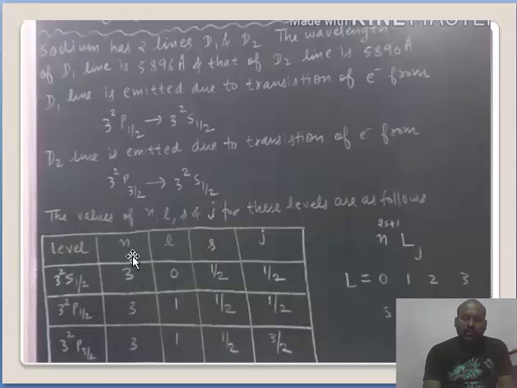So I already told you n is the energy level. Already you have to remember this equation, n to the 2S plus 1 L subscript J. So according to the n value, I will write 3 in the column, and L value for the S level is 0, and for the P level, as you already know, L is 1.